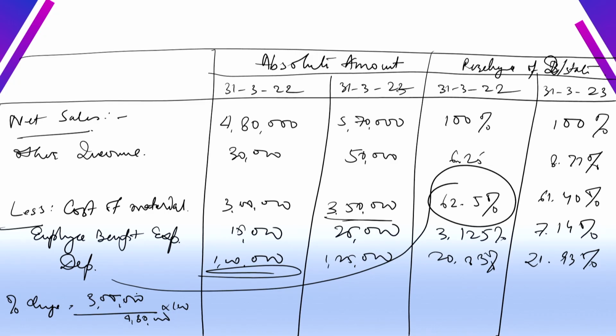Now this is the total expenses. As you can clearly see, the total expenses come to around 4,15,000 for the previous year, and for the current year it is 5 lakh.